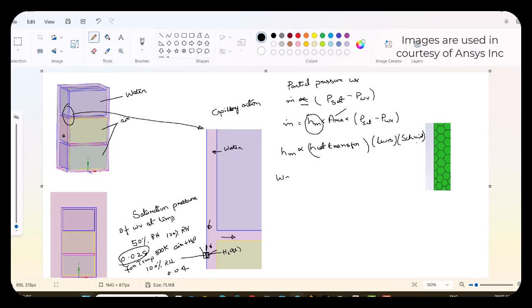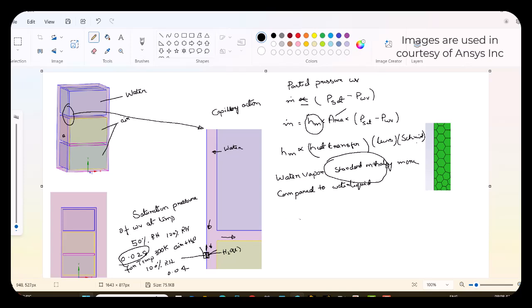Water vapor has a higher standard state enthalpy compared to liquid water. If it has more standard state enthalpy, then where does it get the heat from? It gets the heat from the liquid water.